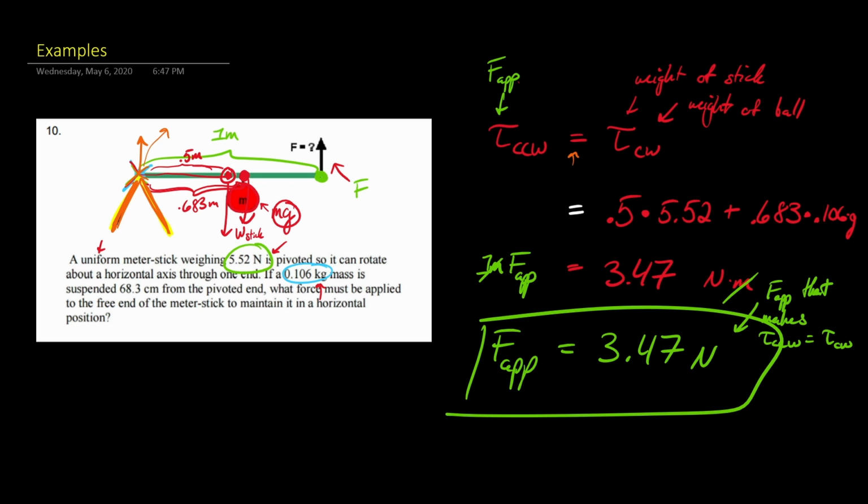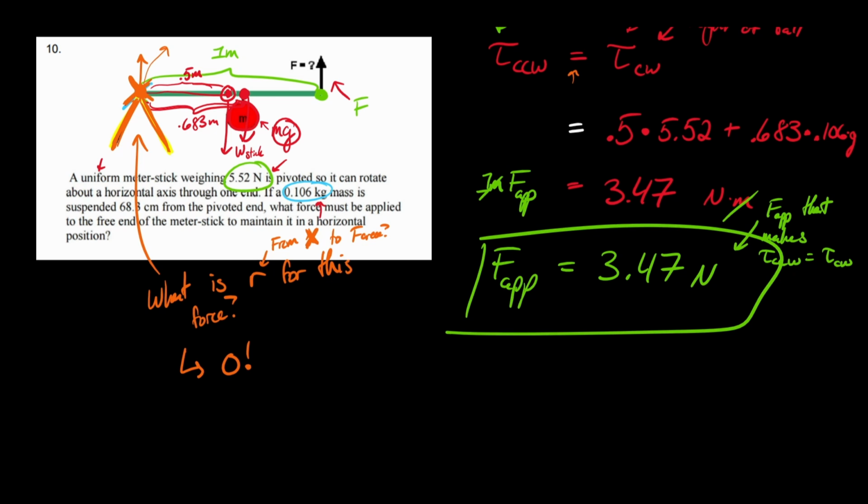But the main point I want to make is, what is R for this force? Now remember, R is the distance from the X, the rotation center, to the force. So the X is here, and the force is literally on top of it. So R is actually 0 for this force.